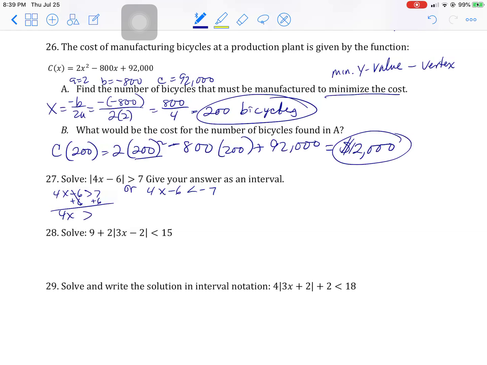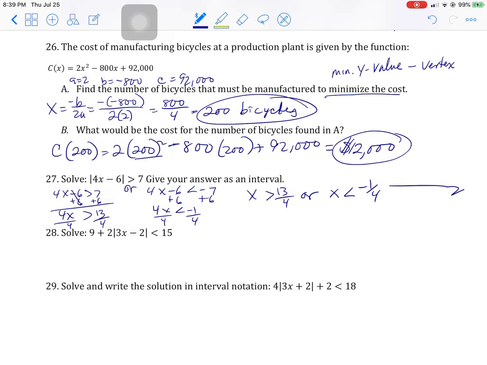4x is greater than 13, divided by 4, divided by 4. So x is greater than 13 over 4, or 4x is less than negative 1, divided by positive 4, is going to be x is less than negative 1/4.